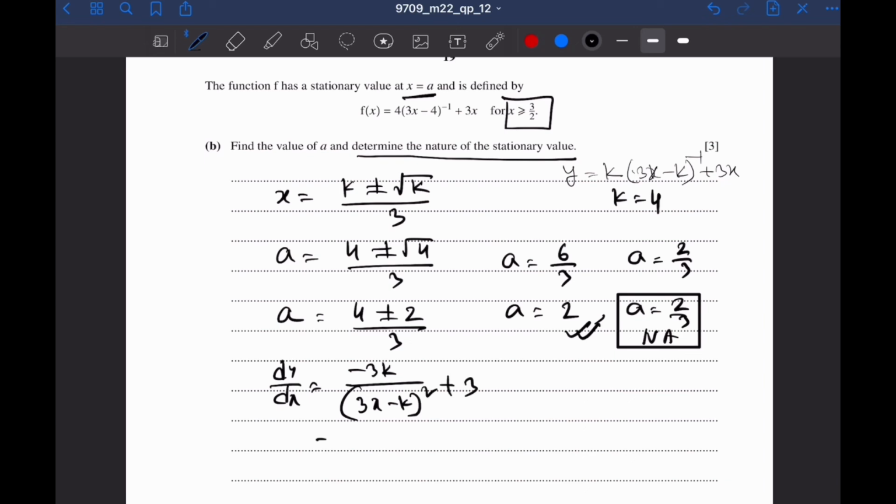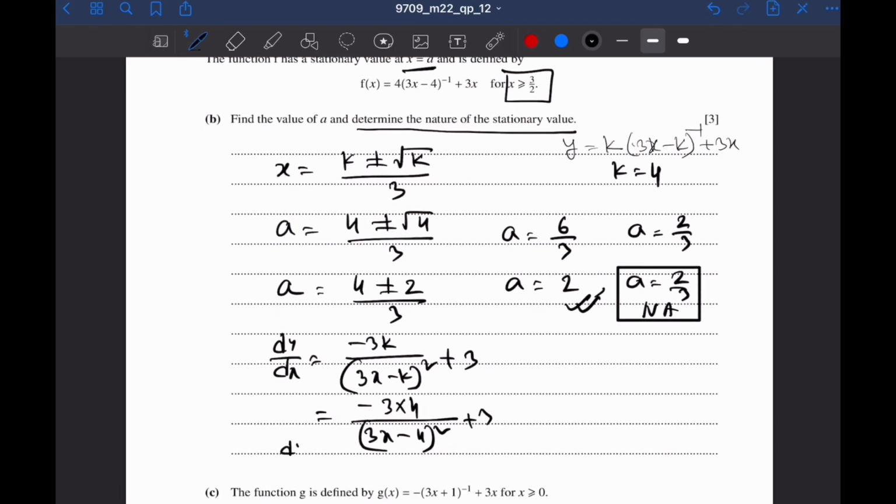K is 4. So minus 3 times k, here 4, over (3x minus 4) square plus 3. So dy/dx equals minus 12 (3x minus 4) to the power minus 2 plus 3. You can write it that way.